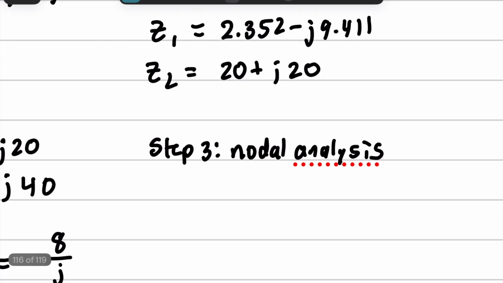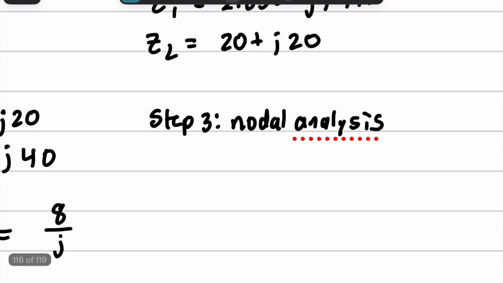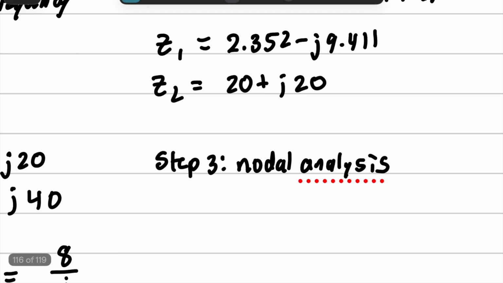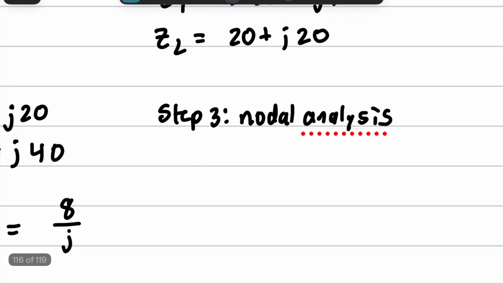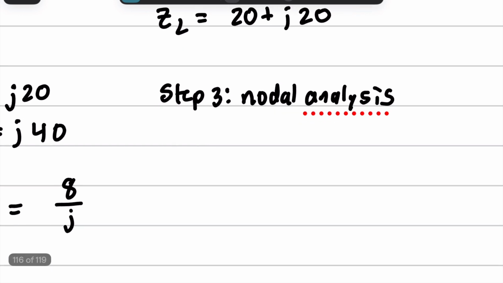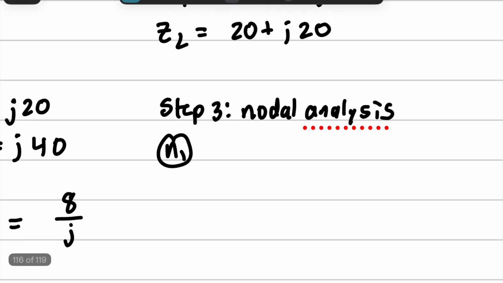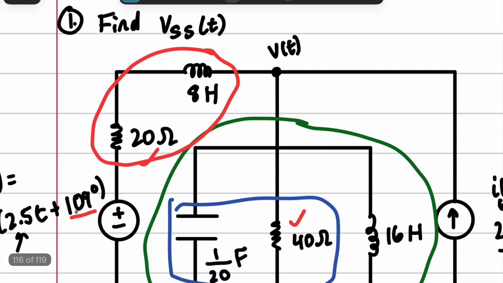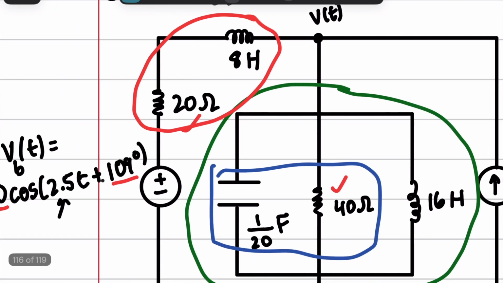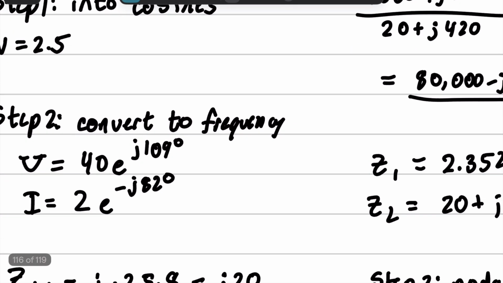And the reason why I prefer this is because I don't want to write all of this at the same time, and I also like to keep track of the phases. So let's go ahead and make the nodal analysis. So we're going to have V minus this guy in the frequency domain over this guy also in the frequency domain.